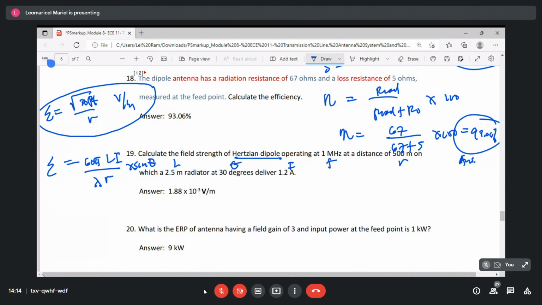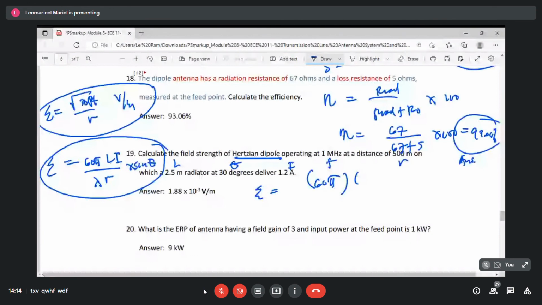So, given na. Pag Hertzian dipole, tandaan nyo yung formula na to na field strength. So, therefore, the field strength is equals to pi multiplied by 2.5 multiplied by 1.2 all over, kunin mo muna yung lambda, that is 3 times 10 to the 8 all over 1 meg.